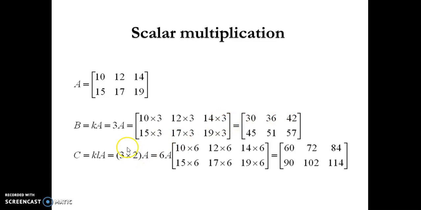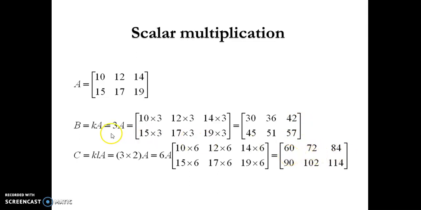So if I take 2 and I multiply it by each entry in matrix B, which was your May sales, do I get matrix C? And let's check. 2 times 30 will give me 60. 2 times 36 is going to give me 72. 2 times 42 is going to give me 84, and so forth. So you can see that it yields the same answer.